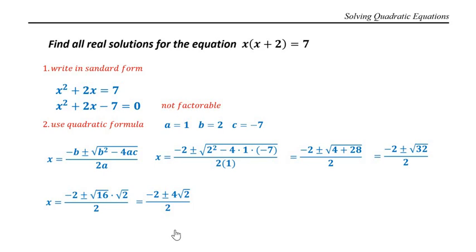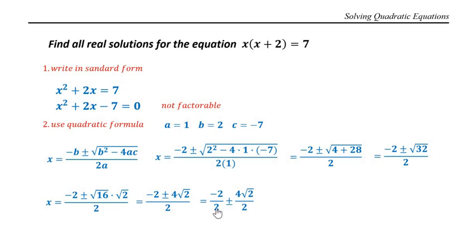And now we have 2 as a common factor here. So we can pull this equation apart like this. We would have negative 2 over 2 plus or minus 4 times square root of 2 over 2. And now when you rewrite it like that, it's easy to notice where we can cancel out our 2's.